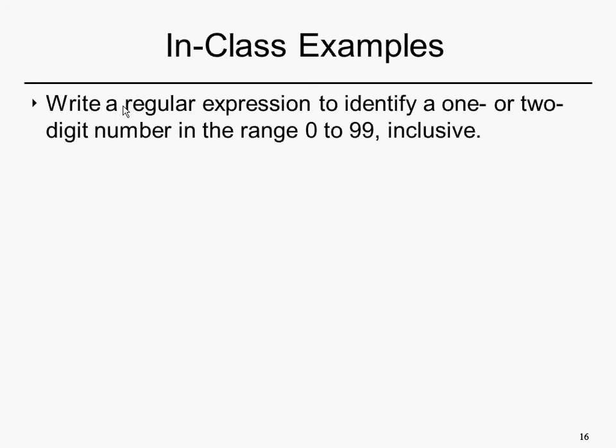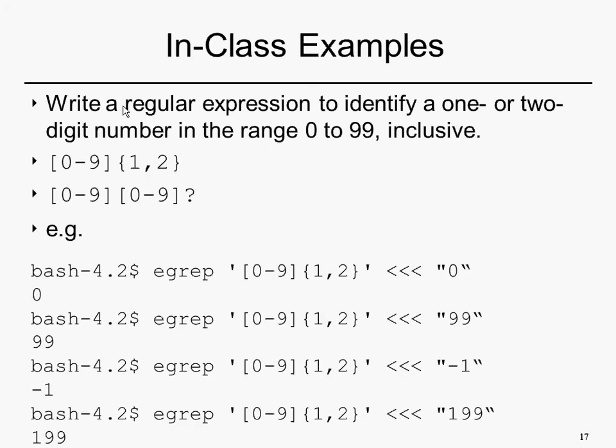Okay, well, we could either put them in a row, or we could put in curly brackets, for example, 2. In this case, we've done 1 or 2. So here we could do the first of these, which is saying repeat this 0 to 9 thing one or two times. Either one of those is fine. So it will match 0 to 9, or 0 to 9 followed by 0 to 9.